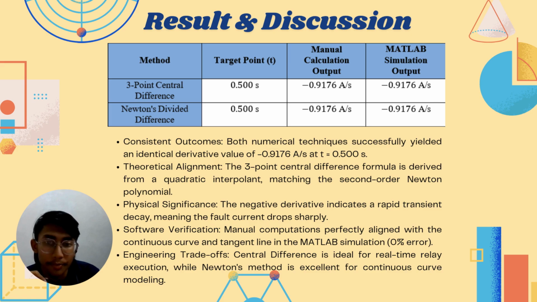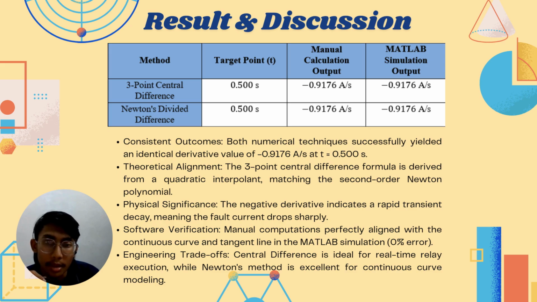So for theoretical alignment, the first method, which is the 3 point central difference, is derived from a quadratic interpolant matching the second order Newton polynomial. So basically we derive from the first method, and the second method is at the same target point.